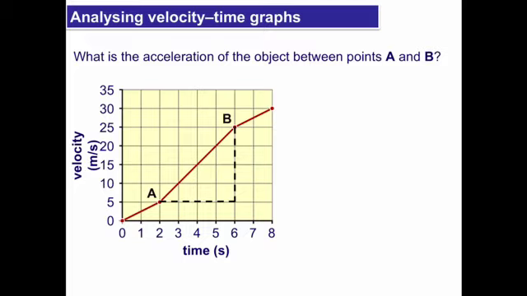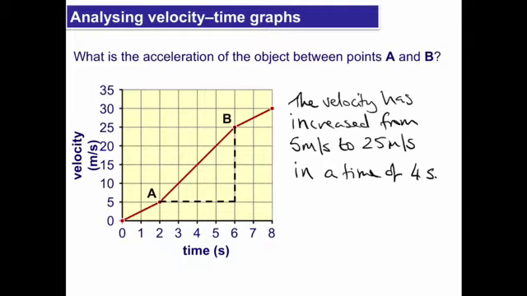I'm just going to use the graph to take the data, and then we're going to use the equation. So the velocity has increased from 5 meters per second at point A, if you look at the velocity axis, up to 25 meters per second at point B. And that took between 2 and 6 seconds, that took 4 seconds to happen.